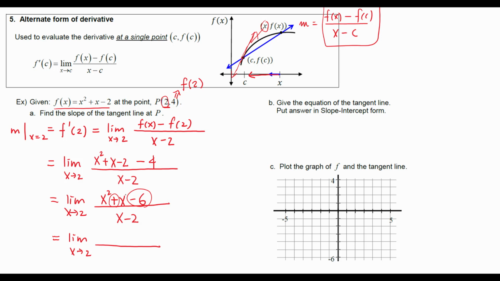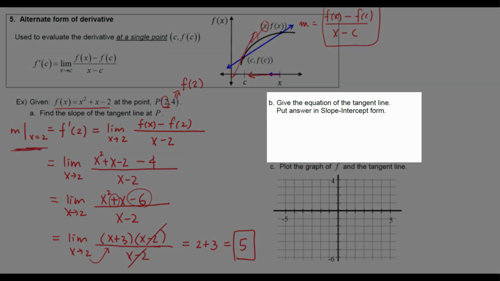Yes, that will be x plus 3 times x minus 2, over x minus 2. Yay! It does have x minus 2 factors up and bottom, so we can cancel them. Now you get to do the direct substitution, and the limit will be 2 plus 3, which is equal to 5. So you found the slope of the tangent line at x equals 2.